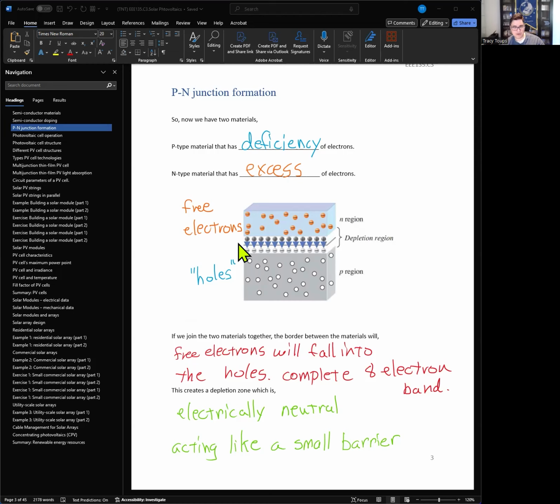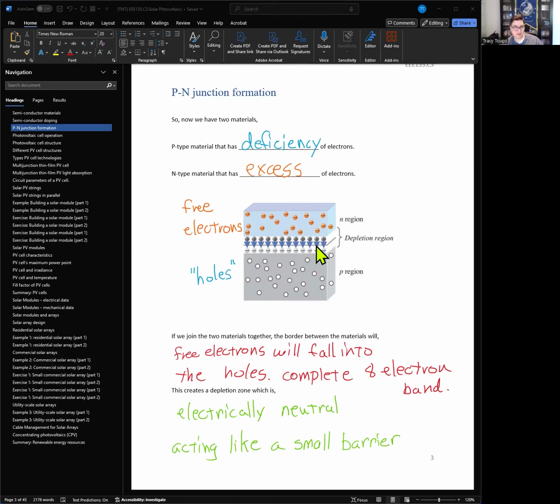So there'll be a border in between the N and P region called the depletion zone, where it's all electrically neutral, all the electrons kind of filled in, and then everything's fine. So here, if we join 2 materials together, at the border the free electrons will fall into the holes, completing an 8-electron band. This creates an electrically neutral barrier.